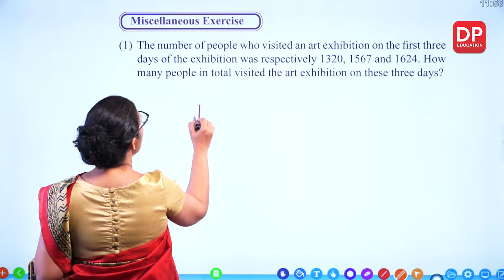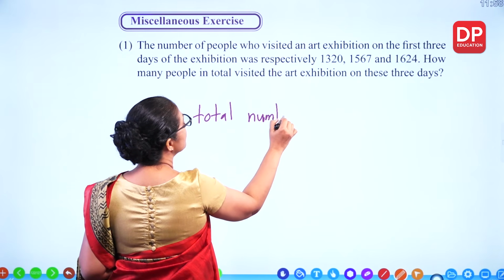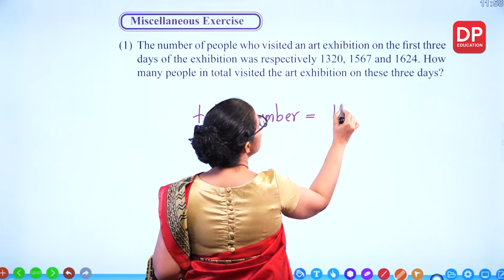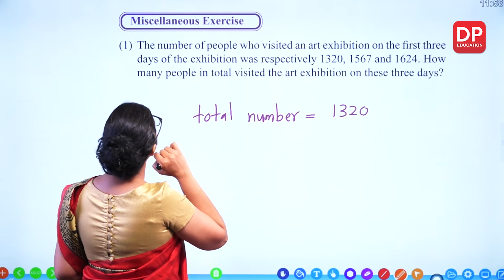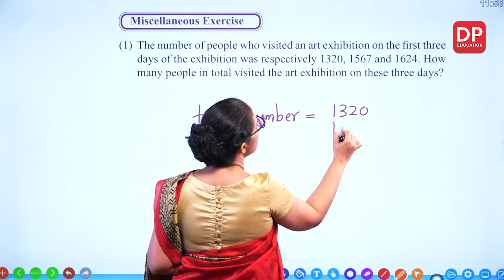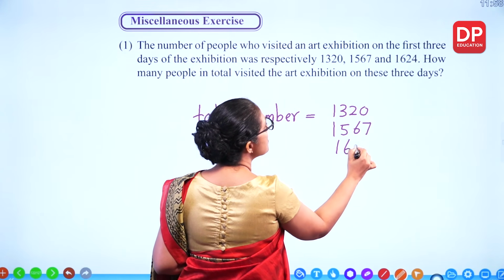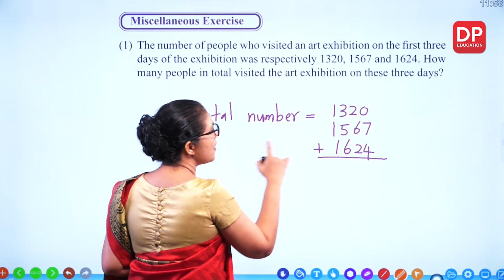So you can find out total number is equal to 1,320. That's first day. Second day, 1,567. Third day, 1,624. Just add all these together.